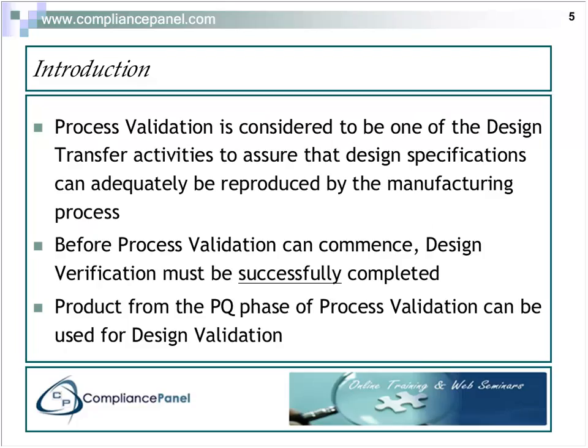Also, the product that we create as part of our PQ phase, and we'll talk about what that is in a few minutes, of process validation is that product that would be used to perform our design validation. So there is some intimate linkage between the design process and the manufacturing process through process validation.